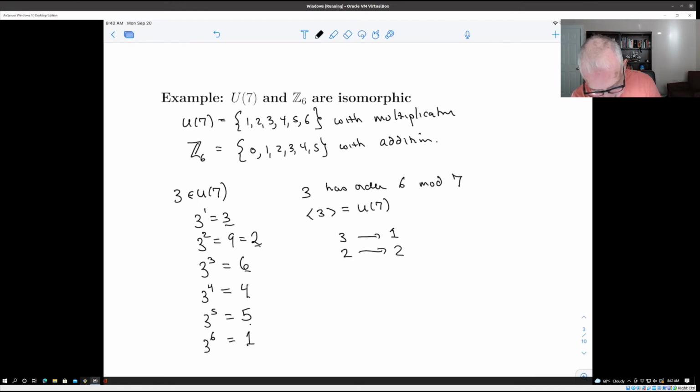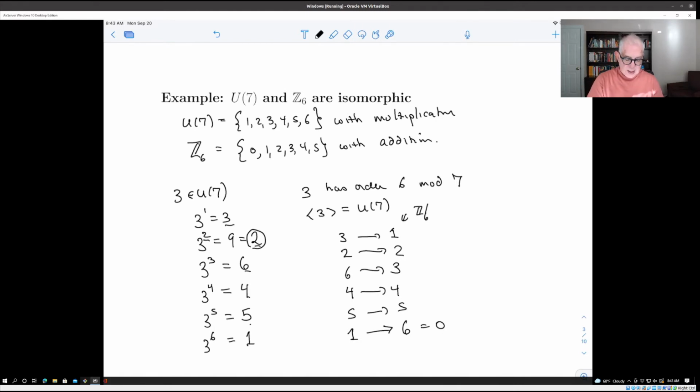So here I'm taking this number on the left, and this is where it goes. 6 goes to 3, 4 goes to 4, 5 goes to 5, and 1 goes to 6. But these numbers here are supposed to be in Z6, so 6 is really 0. And now this is my bijection. On the left-hand side, I have U of 7, and on the right-hand side, I have Z6.